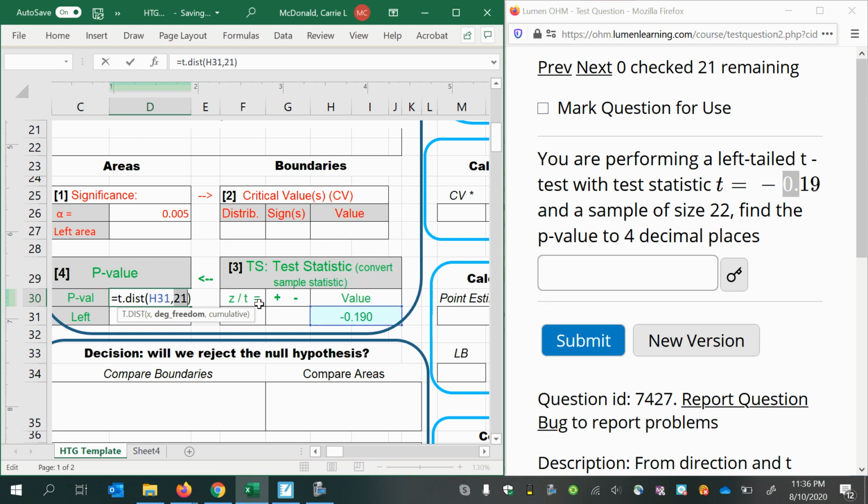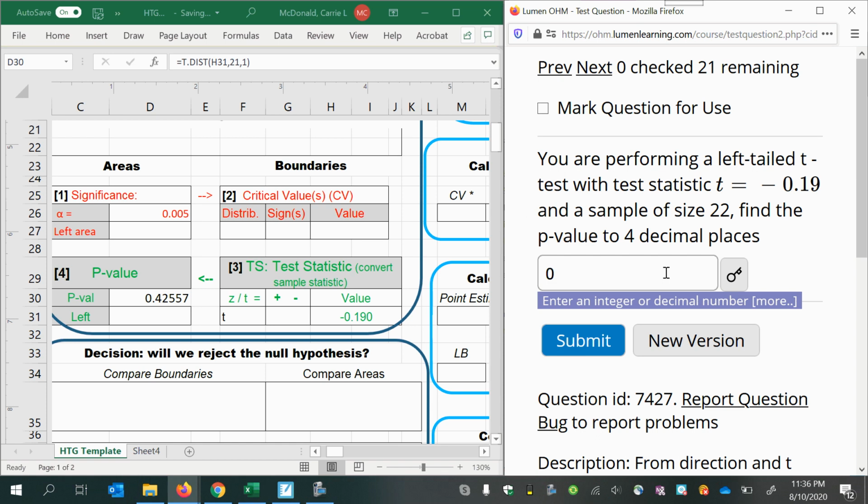And always say cumulative. I keep forgetting that for some reason. Okay, now to 4 decimal places, that's 0.4256. So there you go.